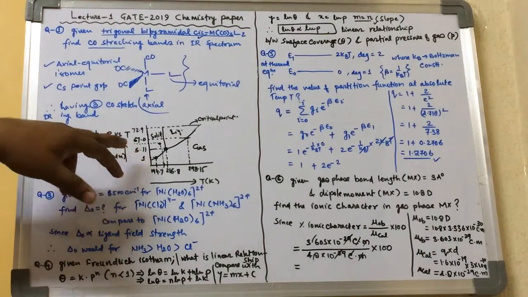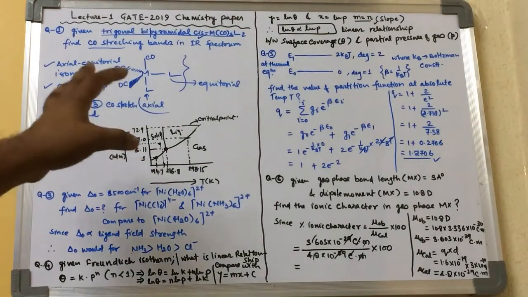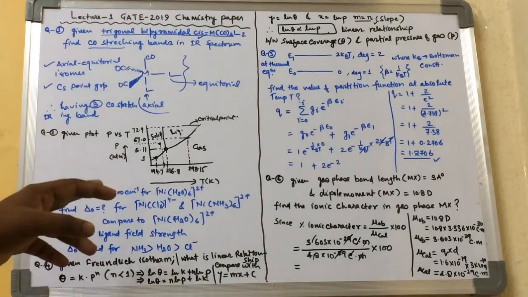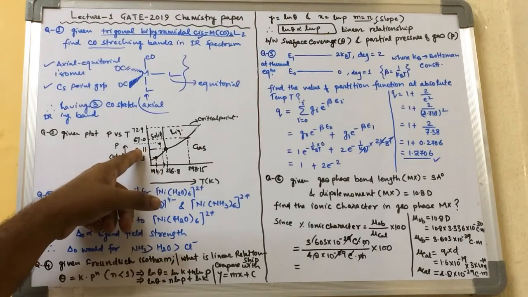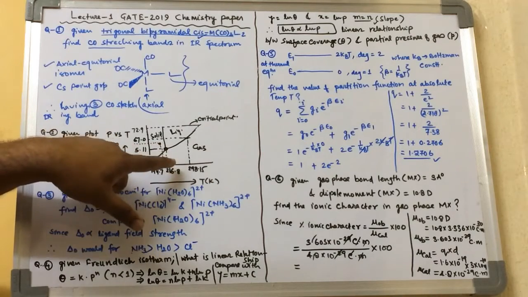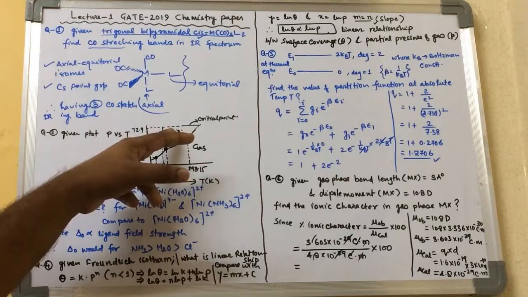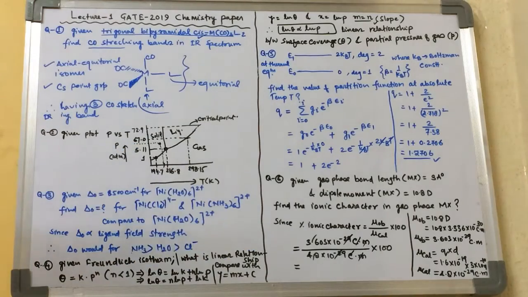If you go below 5.11 atm, you will come to this region, which is the gaseous region.